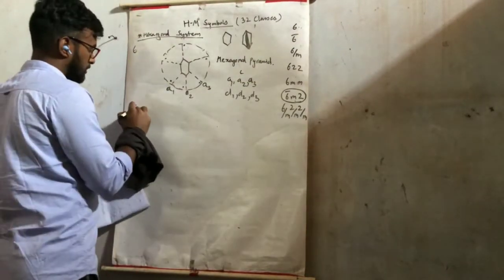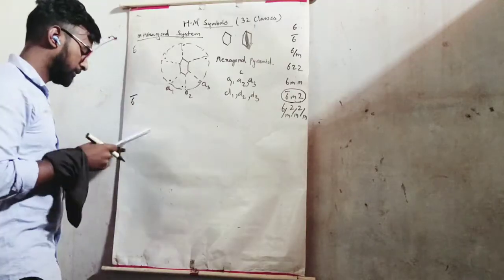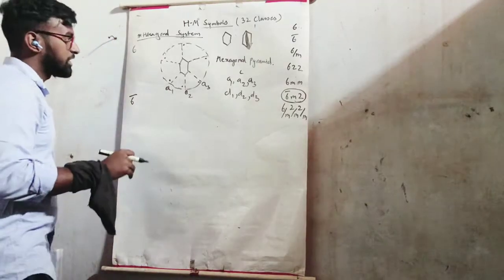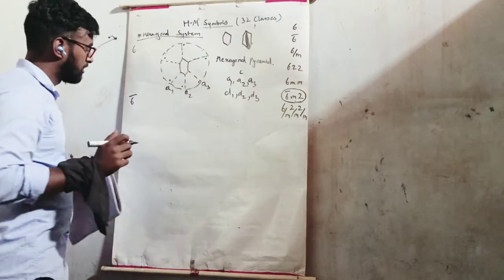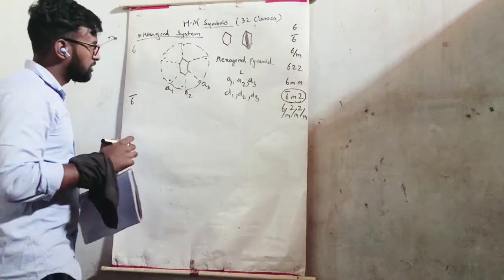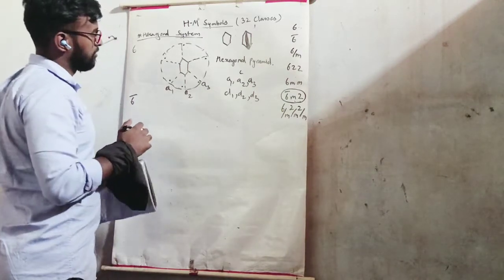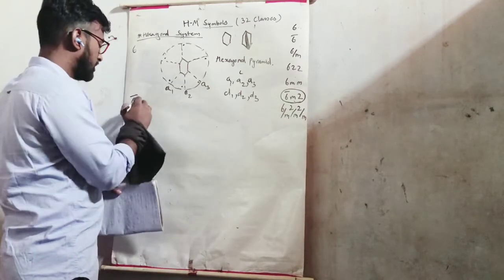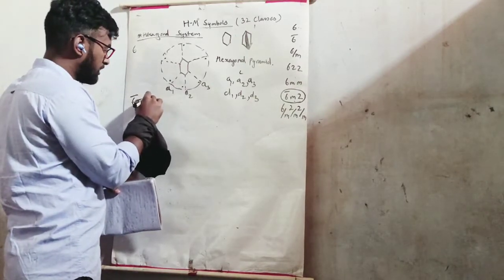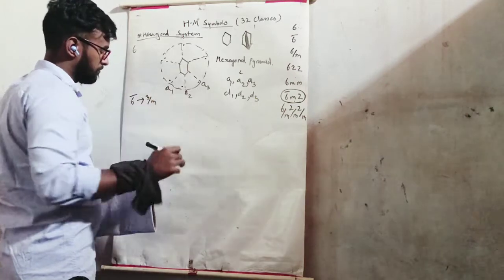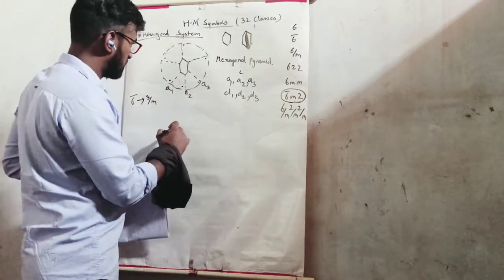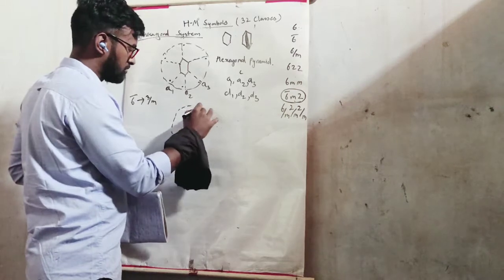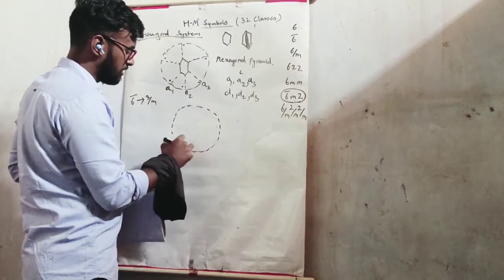Now 6 bar. 6 bar here is a tricky one. Here the 6 bar is not represented as the normal operation we see. Here the 6 bar will be treated as 3 by m. The symbols will be the same, but the 6 bar will be treated as 3 by m.